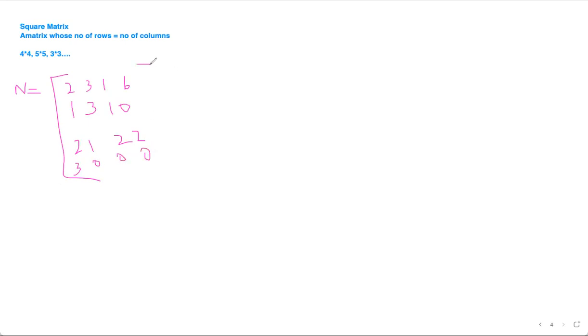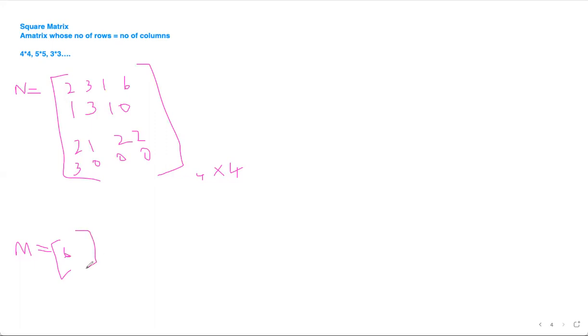So this is a square matrix. Follow it. 4 into 4. Okay. Now M is equal to 6.